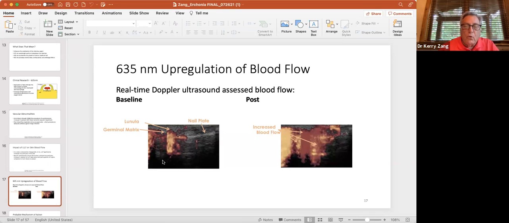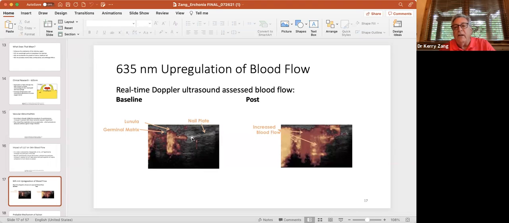So we have other studies, and that's a different lecture, where we show that when we give one treatment with the laser, you get this response, it retreats back, and then when you give the second treatment a week later, instead of it just being in this small area, you see it up and through here and a little bit down and through here.